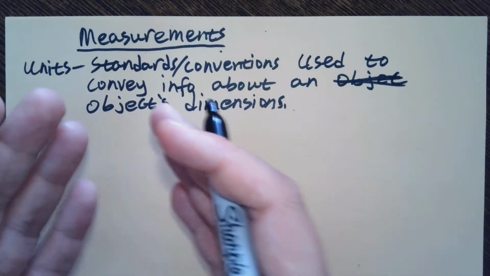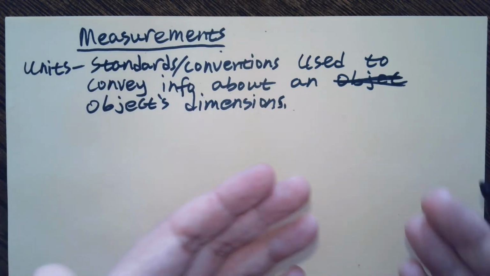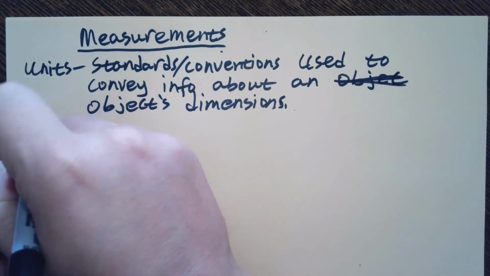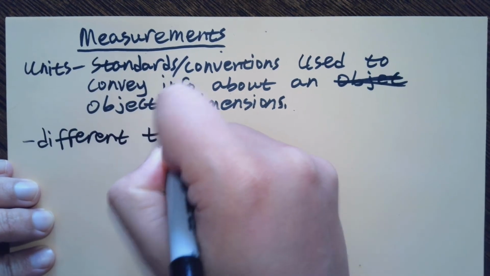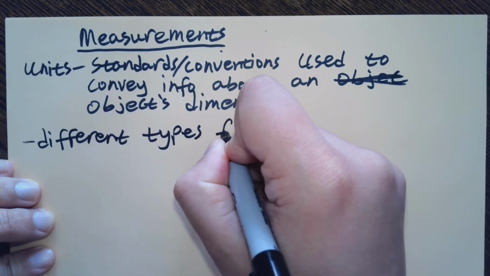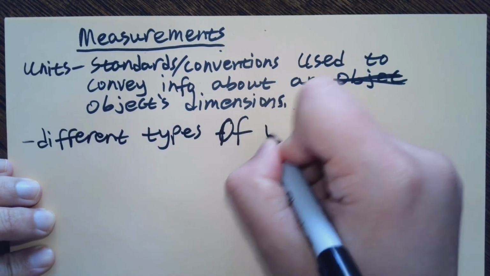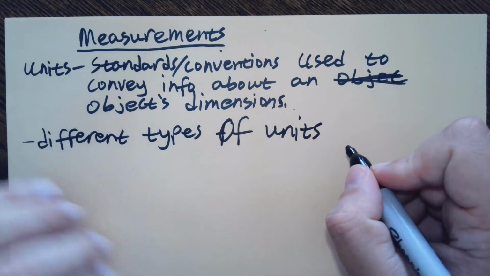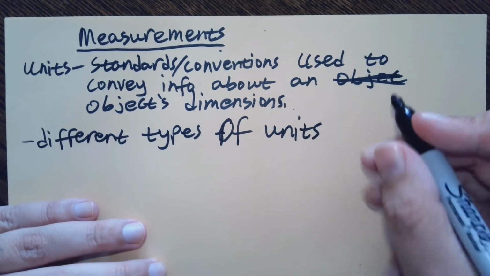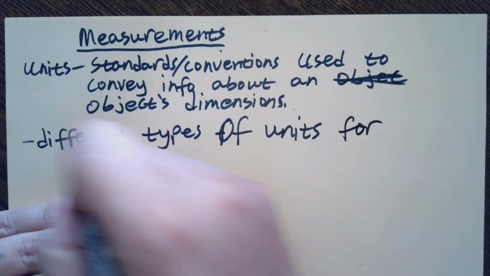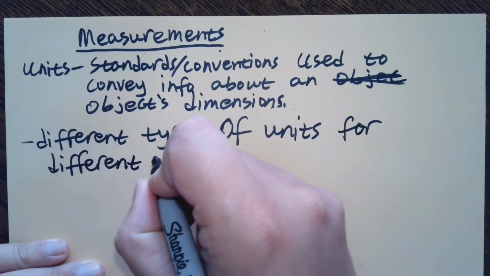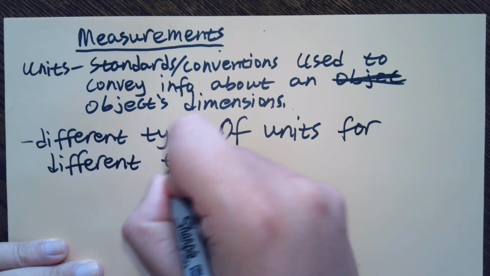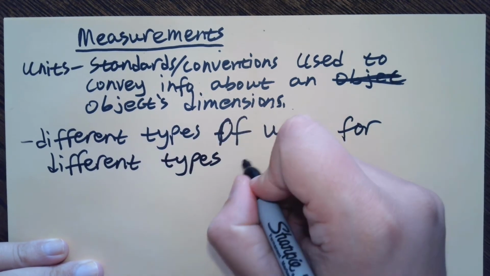So different types of measurements, different types of units for different types of dimensions or measurements.